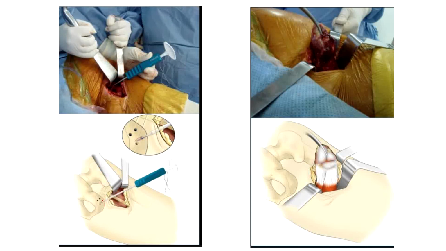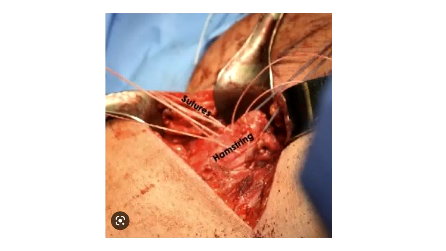Here we can see they're trying to stitch the hamstring muscle to the ischial tuberosity. The muscles are stitched or stapled to ischial tuberosity. Here we can see the sutures. So the hamstring muscles are being sutured to the ischial tuberosity.